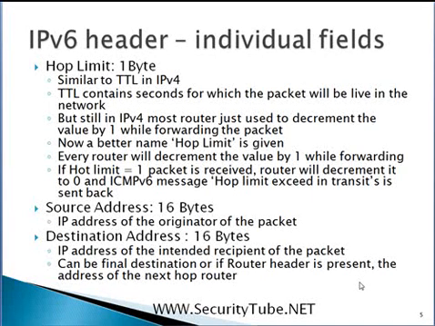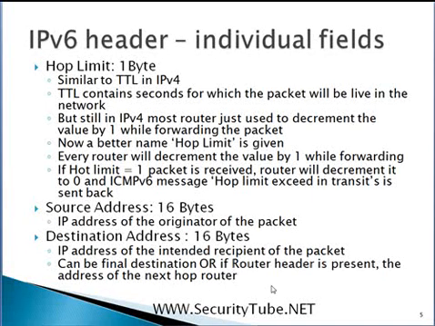Now the name of the field itself has been changed to hop limit. It exactly captures the behavior of the routers. So every router will decrement the value by 1 while forwarding. If hop limit is 1 and the packet is received by any router, it will simply decrement the value to 0, and the ICMPv6 message hop limit exceeded in transit will be sent back.